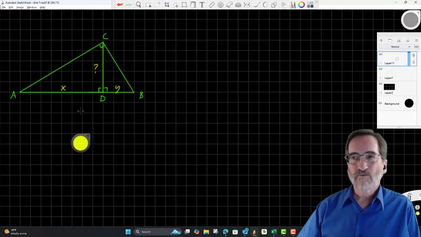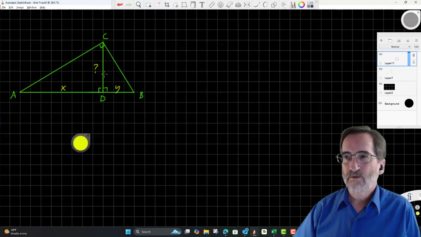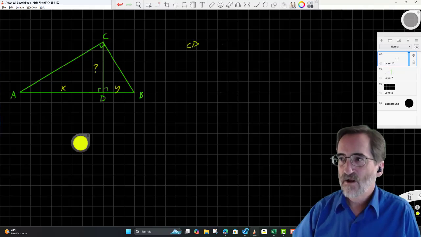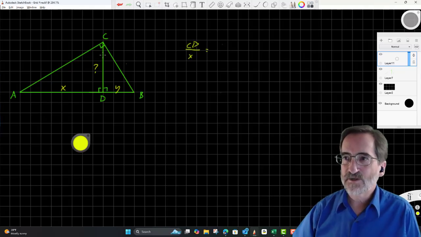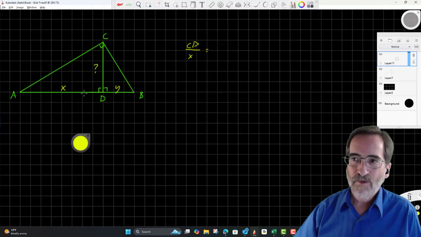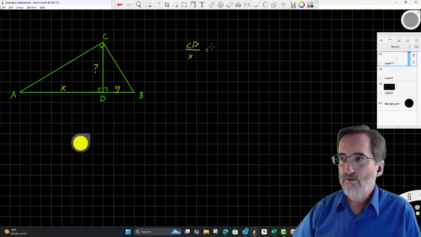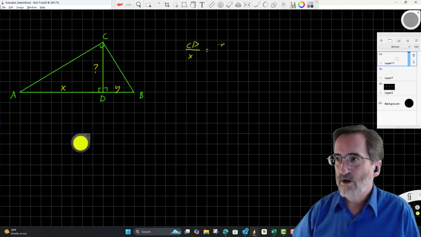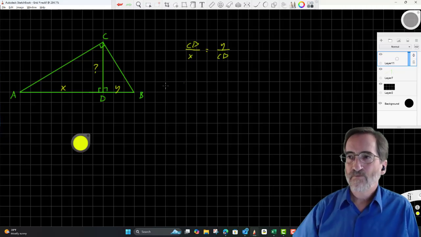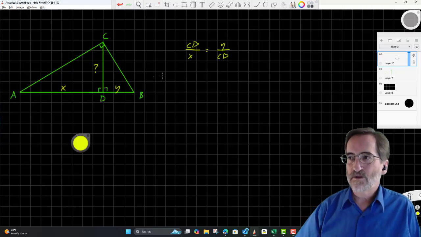Let's write and solve a proportion here. I'm going to say CD is to x. Now CD is the short leg, x is the long leg. As on the small triangle, short leg y is to long leg CD.